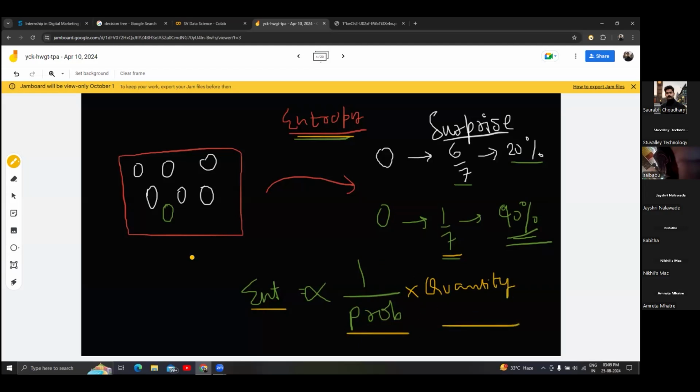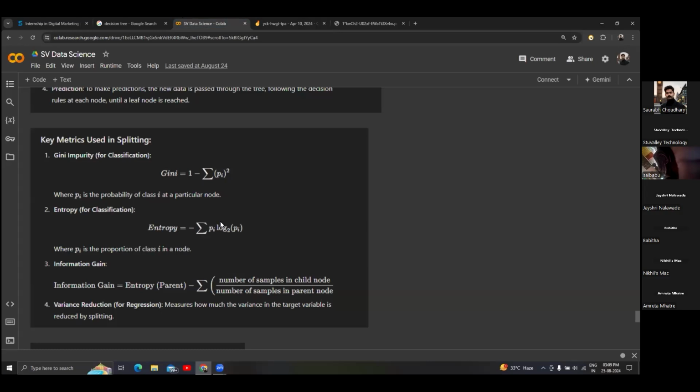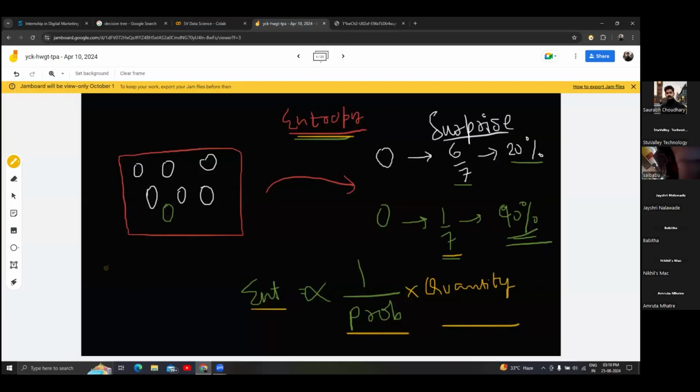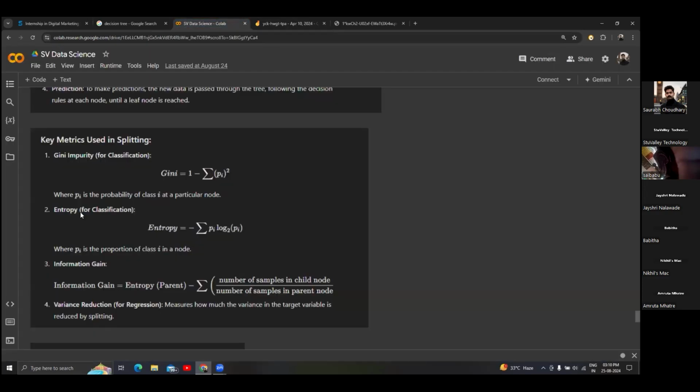So they write it this way: minus summation of pi log2 pi. This pi is the proportion, meaning quantity, and the log term is telling us the probability. This is how we find the entropy.